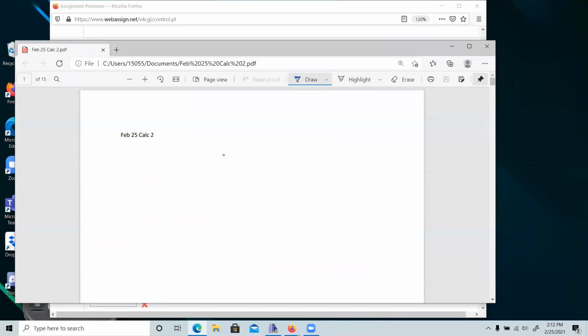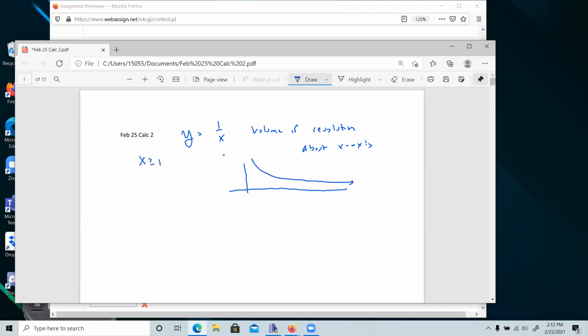So we have y equals 1 over x. We want the volume of revolution, just around the x-axis, by the way, with x greater than or equal to 1.